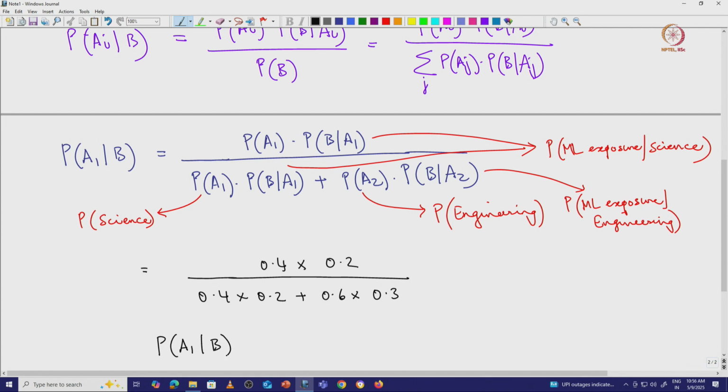So, the probability of the student being from a science background given they have ML exposure is 0.3077. So, 30.77% is the probability of the student being from a science background if they already have some exposure to ML.